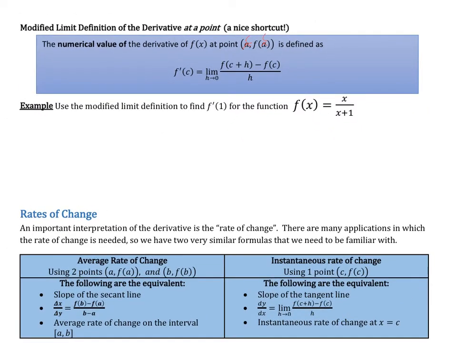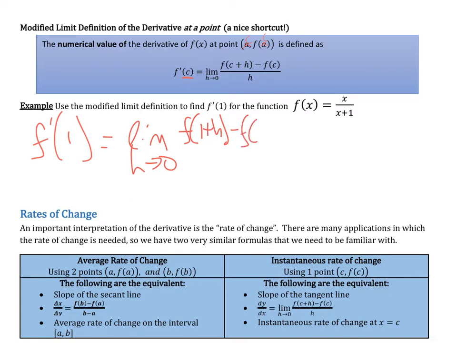So here we've got a function. We want to use this limit definition to find f prime of 1. Well, f prime of 1, we know, is the limit as h goes to 0, and we're going to have f of, now our c value is 1, so f of 1 plus h minus f of 1 all over h.